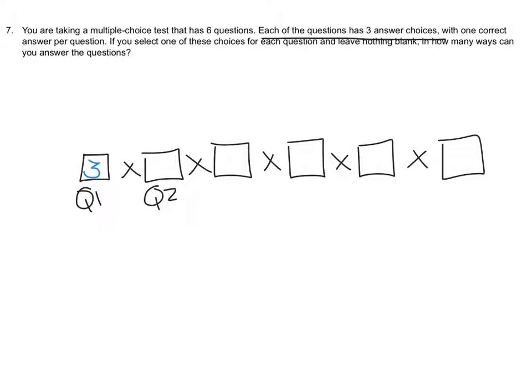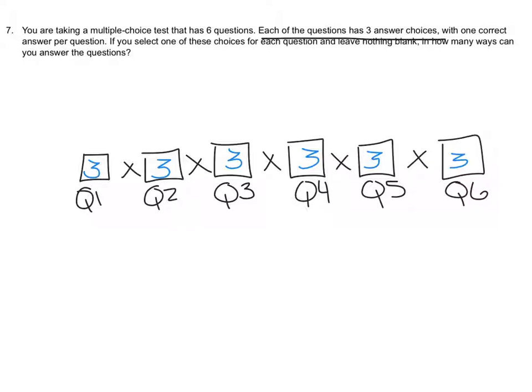Question 2 also has 3 answer choices, so there's 3 different ways for me to answer question 2. And this will also be the same with question 3, question 4, question 5, and question 6, because each question has just 3 answer choices.